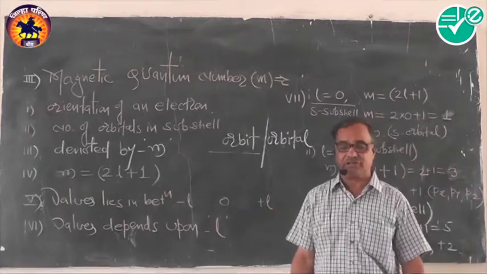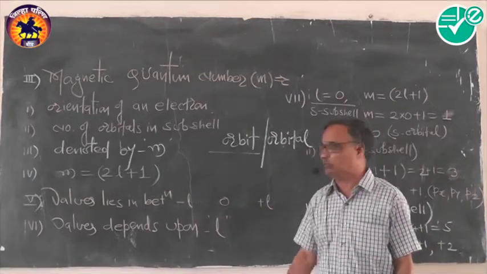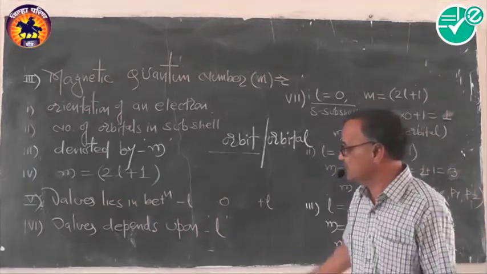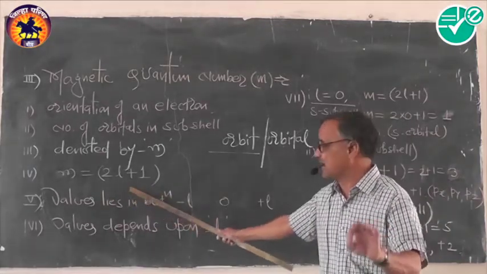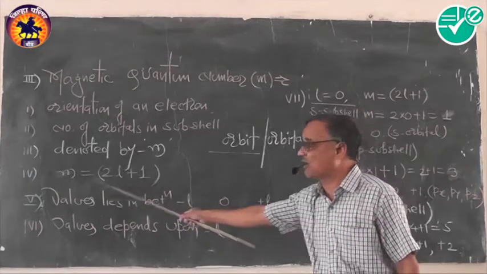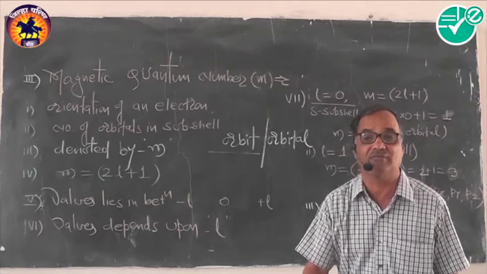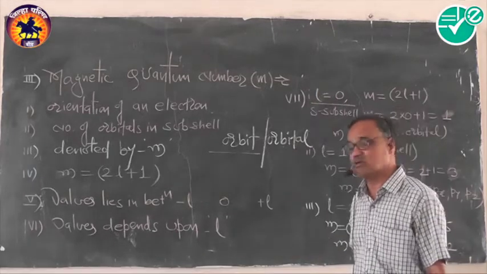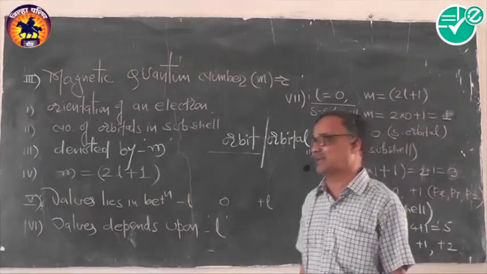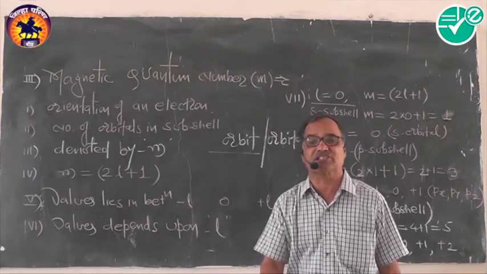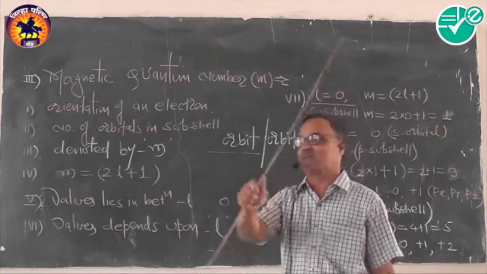We also conclude from this formula, m is equal to 2l plus 1, that the values of magnetic quantum number totally depend upon the values of azimuthal quantum number. As we mentioned in yesterday's lecture, values of azimuthal quantum number totally depend upon the values of principal quantum number.